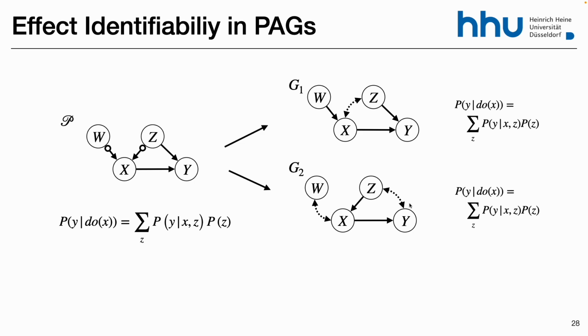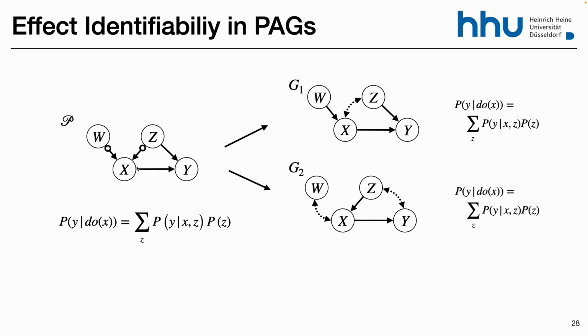How is it that the ZY in the second one is bidirectional? Because this edge, first of all, is not visible. If it's not visible, it means that Z is an ancestor of Y, which means that there is a path from Z to Y. However, this could be represented by a bidirected edge. So it's sometimes hard to see.